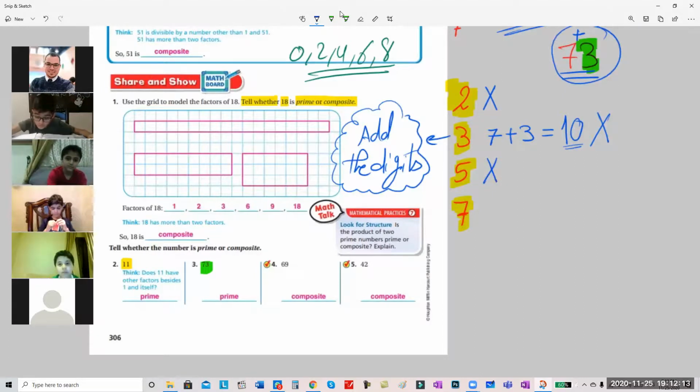Mahdi, what about 7? Can you find 73 in the multiplication table of 7?